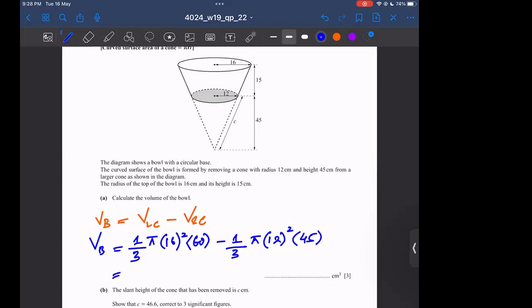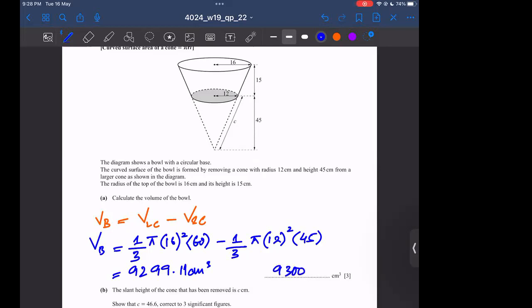So you got volume of the bowl is 9299.11 centimeter cube. And if I round this up to 3 figures, I'll get the answer 9300 centimeter cube.